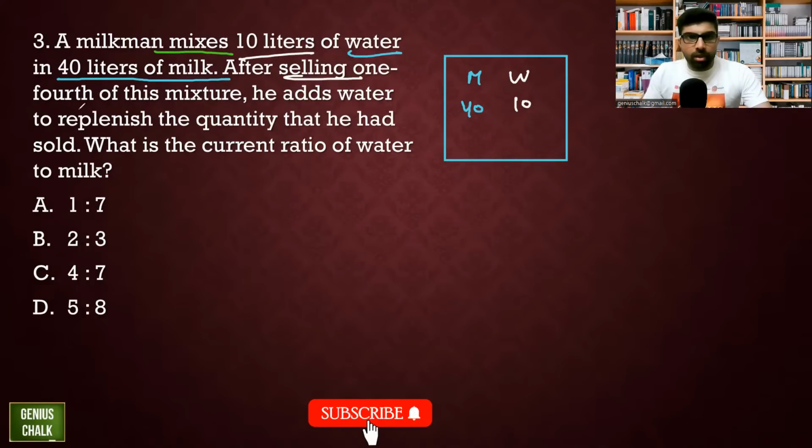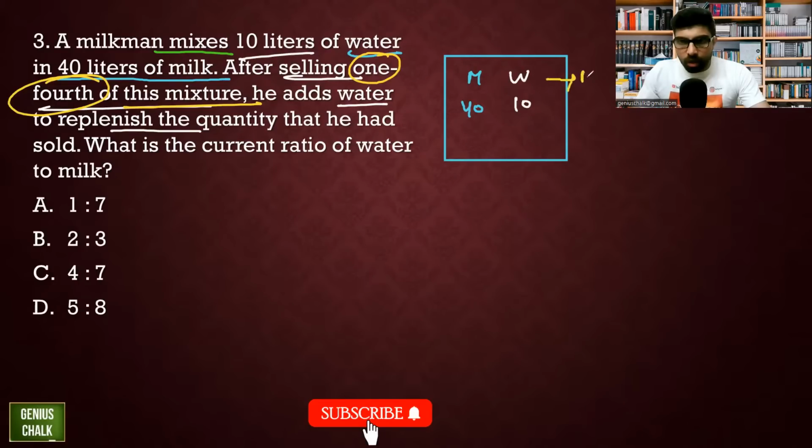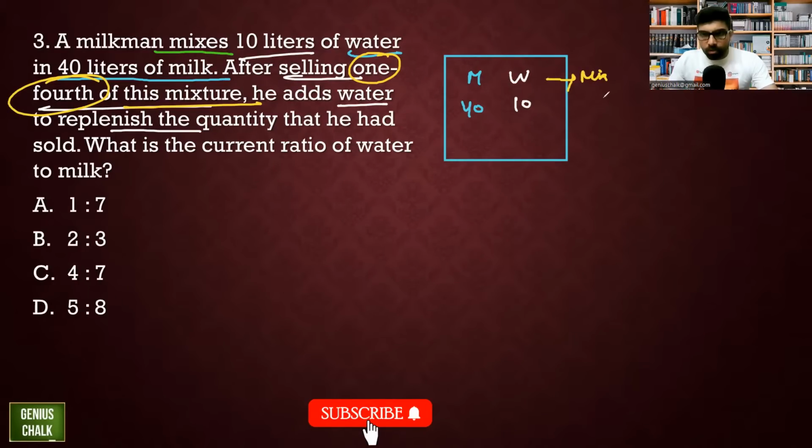Now after selling 1/4 of this mixture, he adds water to replenish the quantity that he had sold. What is the current ratio of water to milk? Now read it very carefully. The same thing is happening after selling 1/4 of this mixture. Now if you see, what is this mixture total? Total mixture is 50, right?